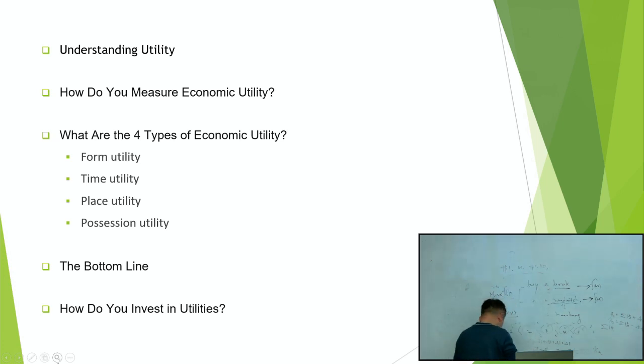Which one maximizes the utility? So in typical consumer choices, $1 is a little bit cheaper, better than $1.50.